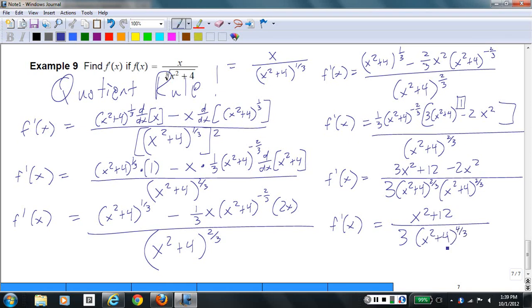Add those exponents. 2/3 plus 2/3 equals 4/3. And the final answer looks like this. Comparatively nice, I think, compared to how it looked in the middle. In the middle, it was really rough. A moderately elegant looking final answer.